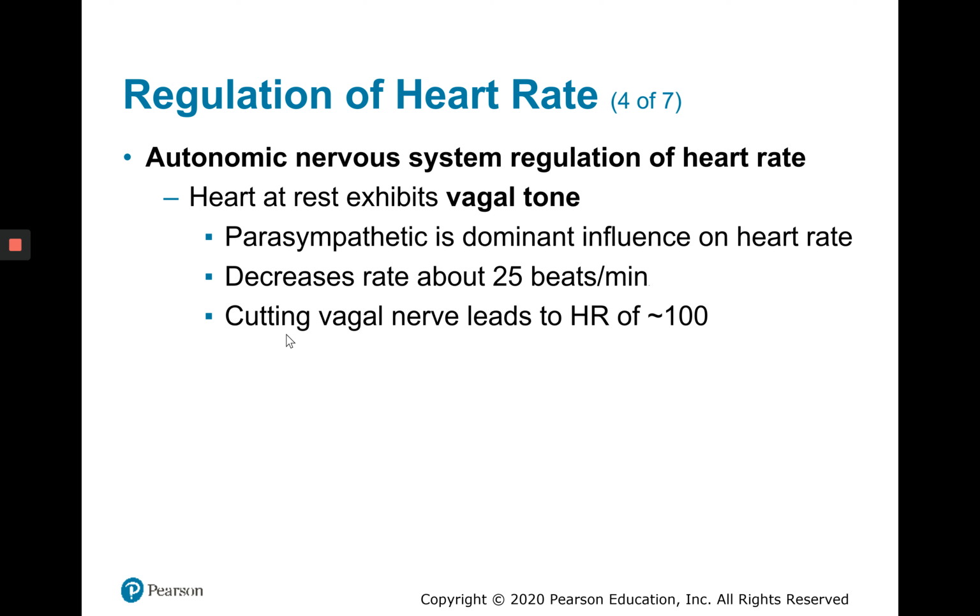It's the dominant influence on heart rate. It actually decreases heart rate by 25 beats per minute because it acts on the SA node to bring down the innate rhythm of the SA node of 100 beats per minute down by that 25 beats to sinus rhythm of 75 beats per minute. Vagal tone is talking about the vagus nerve. The vagus nerve is a parasympathetic nervous system neuron.